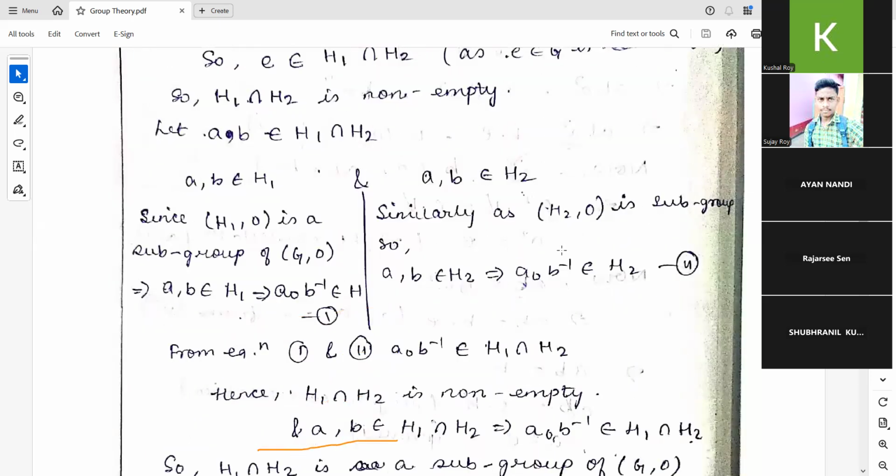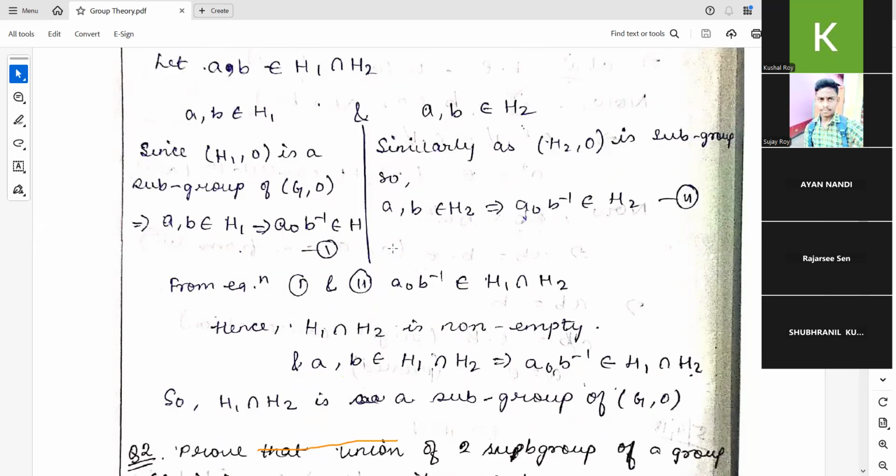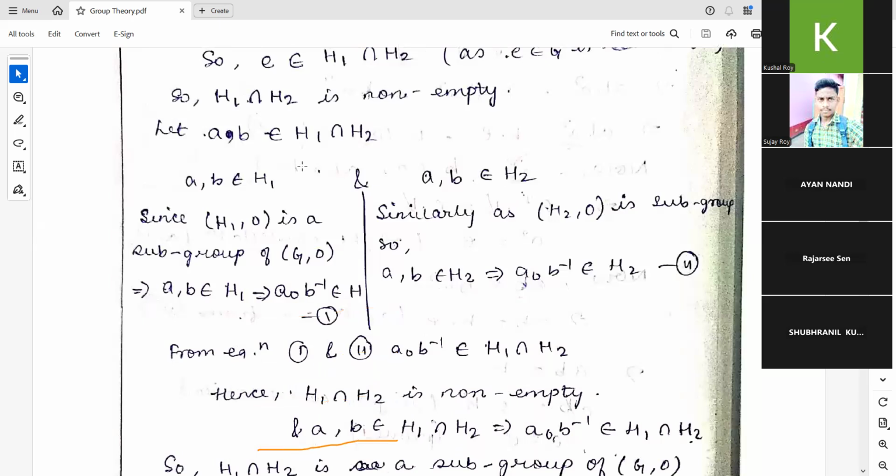Now, what do we have to show? We have to show that this non-empty set H1 intersection H2 is a subgroup. So let us consider two elements A and B from H1 intersection H2.